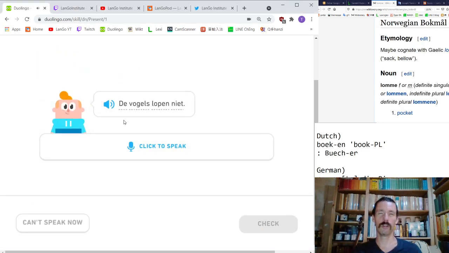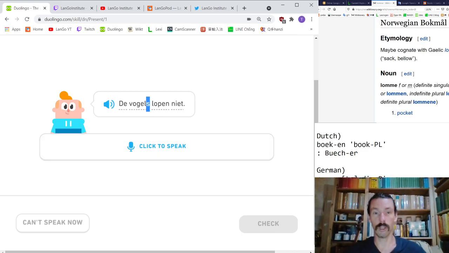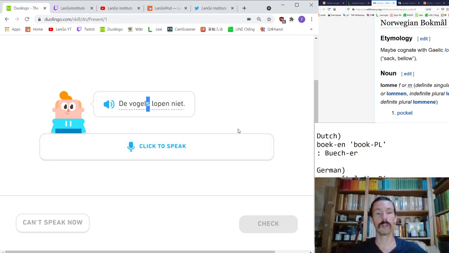De vogels lopen niet. The birds do not walk. Different plural here, as from German, so that detail is very, very common. It'll have the easily identifiable cognate word, but a different ending on it. German is pretty complex in the variety of ways it shows plural on noun stems.